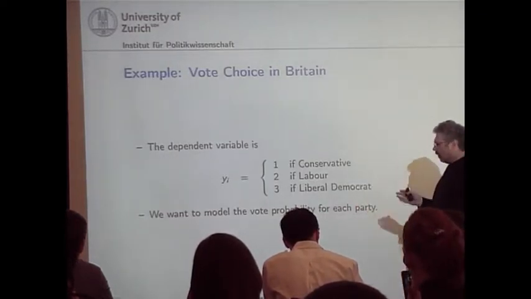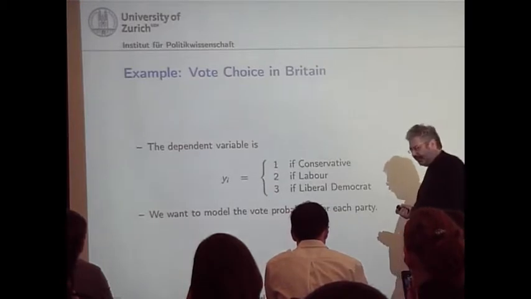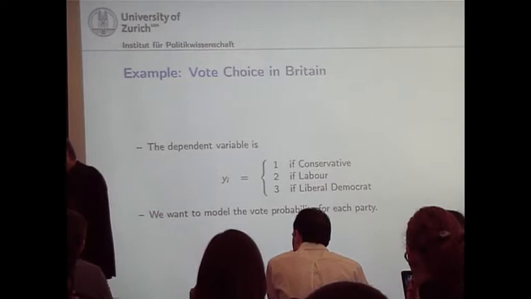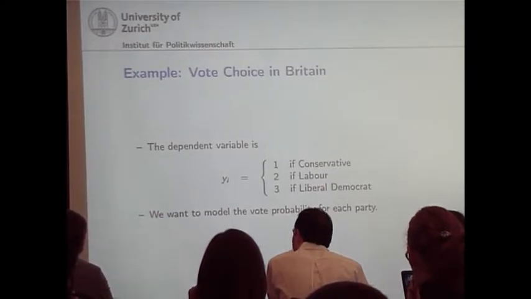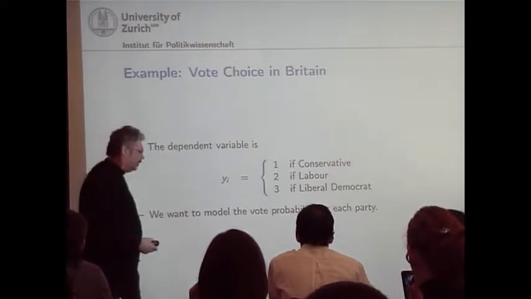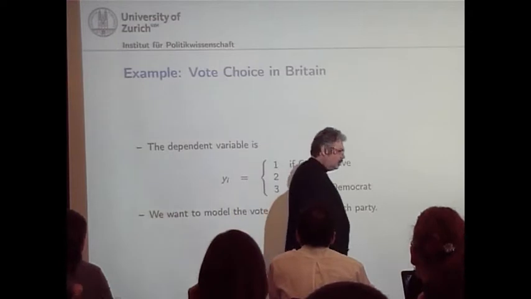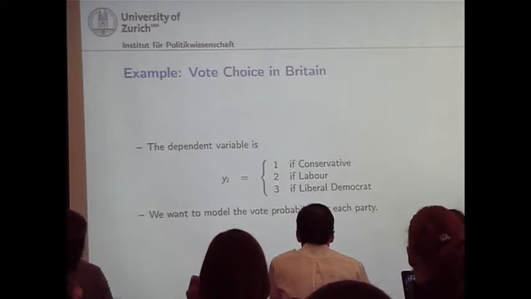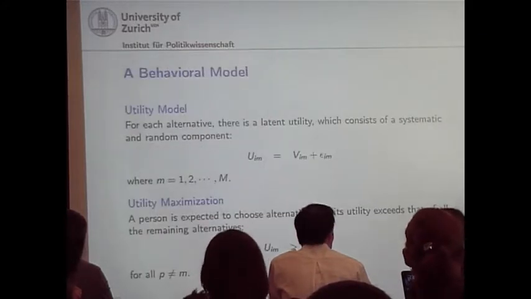We want to model the vote probability for each party. In the 2001 elections, for some individual, what was his or her probability of voting for Conservatives? What was his or her probability of voting for Labour? What was his or her probability of voting for the Democrats? Here is how the probabilistic choice models approach that question.